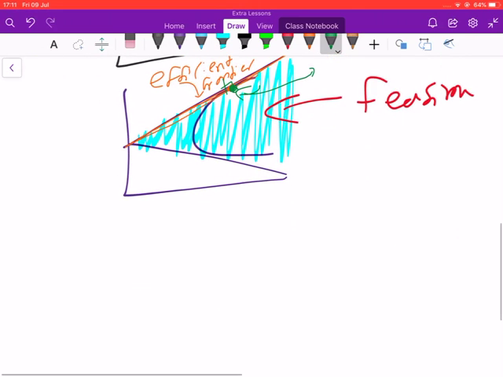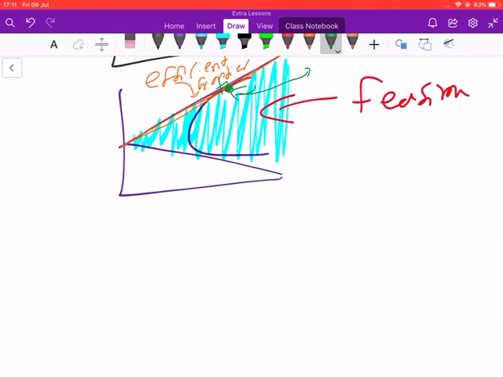So how do we do this? To find the tangent, it's going to be tan theta. We said this axis is your risk and this side is your returns.